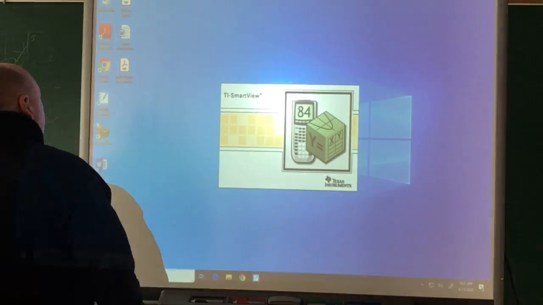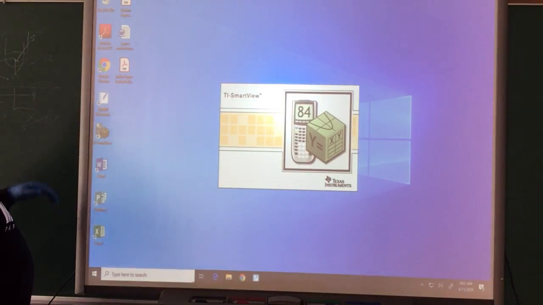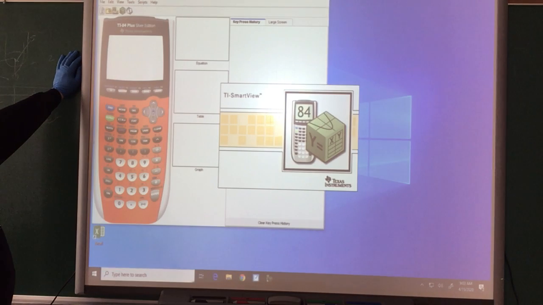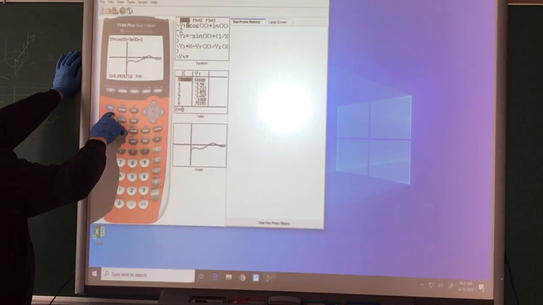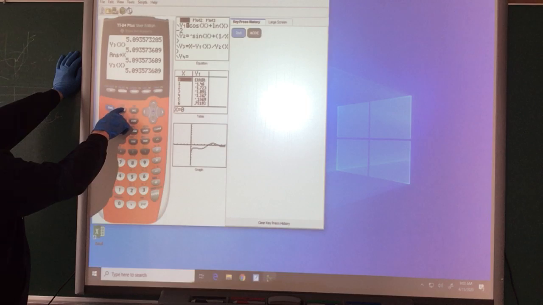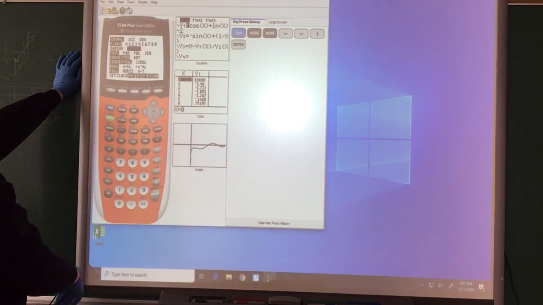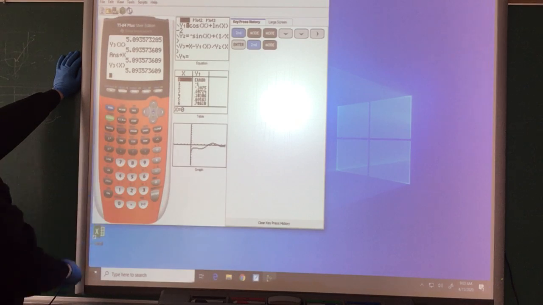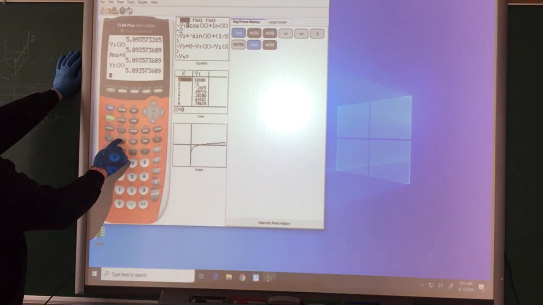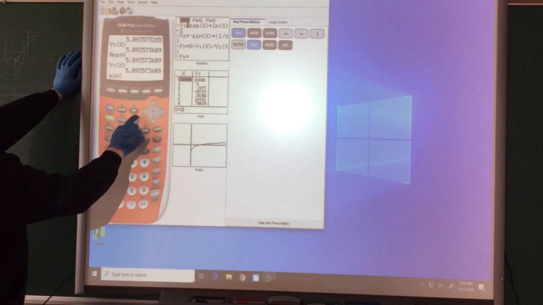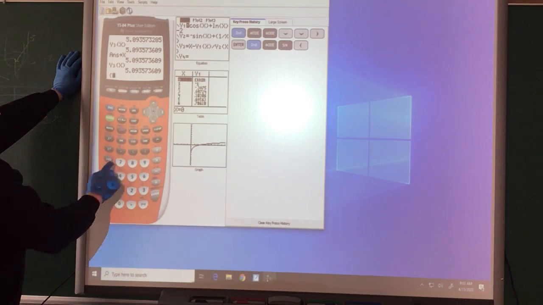Pull out my calculator here. Make sure I'm in my correct mode. I'm in radians, so let's go down to degrees. Let's quit. So let's take the sine. Oh, I screwed up.